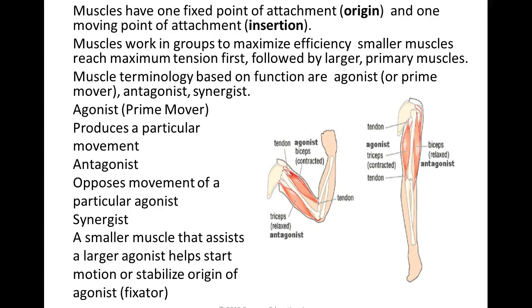And then when that bicep is done with its job and you want to extend the arm, then the bicep becomes the antagonist and the tricep becomes the agonist. And so this goes on and on and on throughout the entire body, where with most of the skeletal muscles you have this pairing, as well as you have synergists.